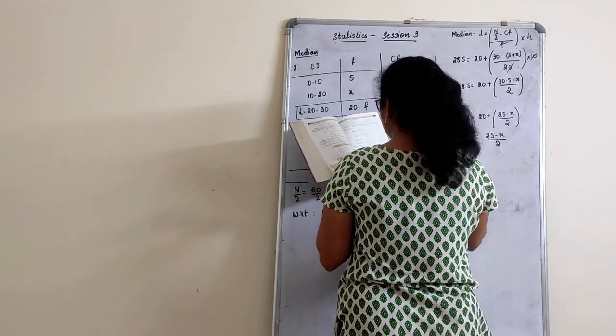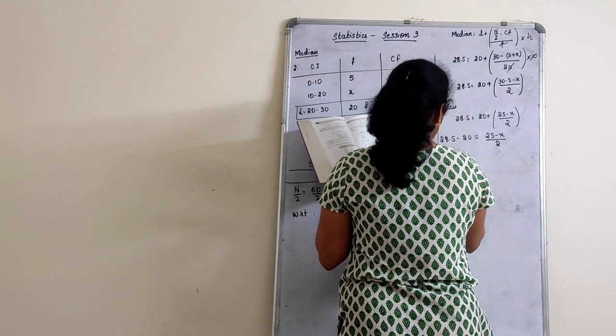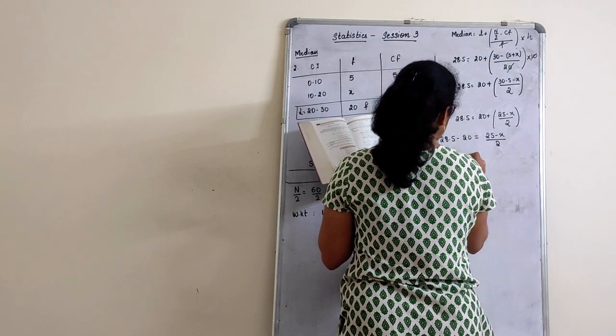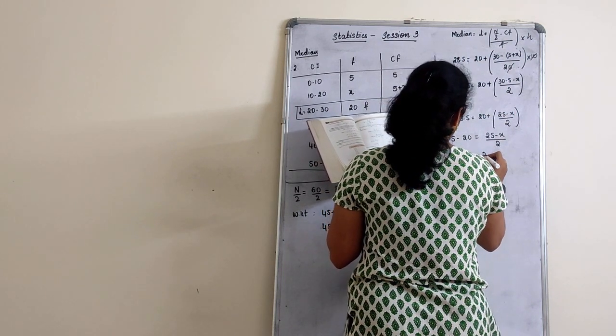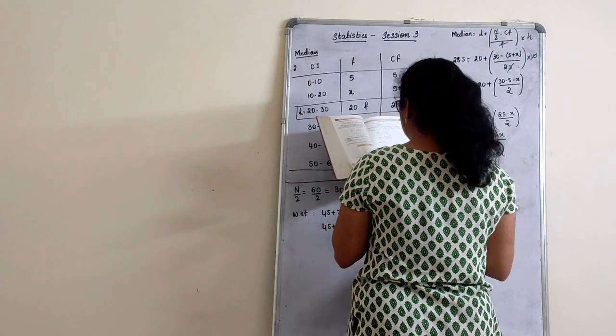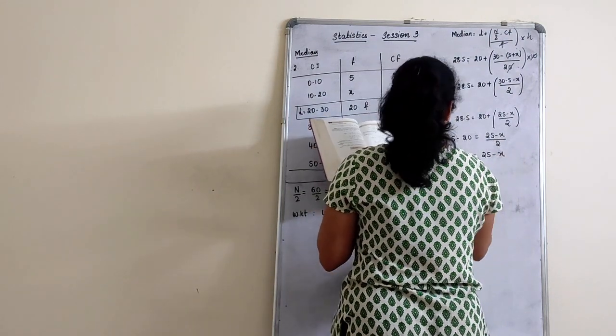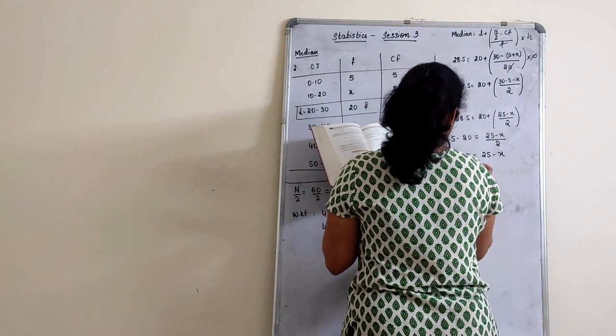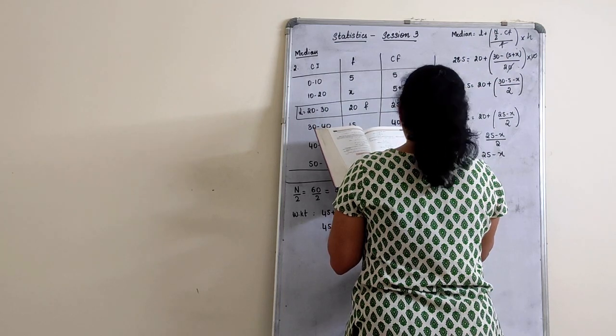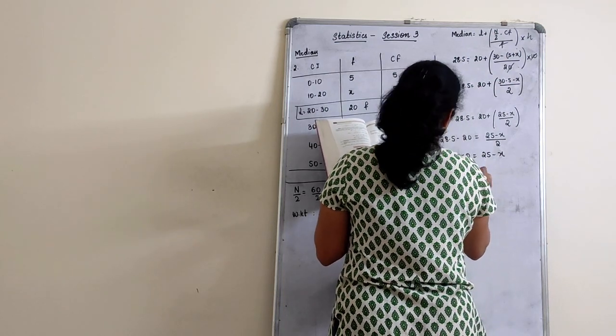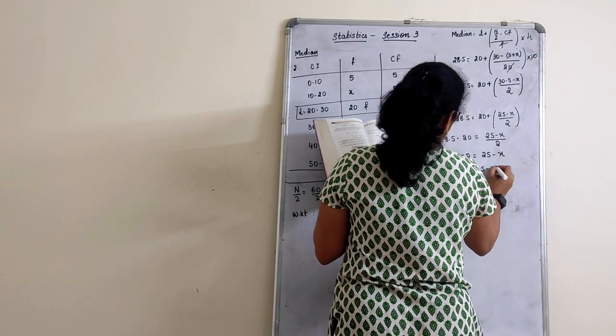So 28.5 minus 20 is 8.5, right? 8.5 into 2 is equal to 25 minus x. 2 8s are 16, 2 5s are 10. This will come as 17 is equal to 25 minus x.